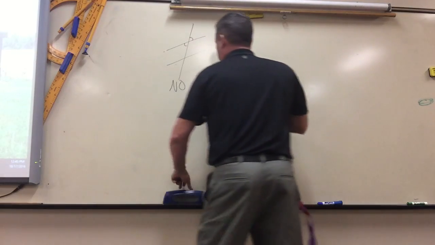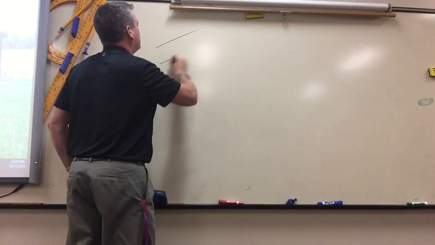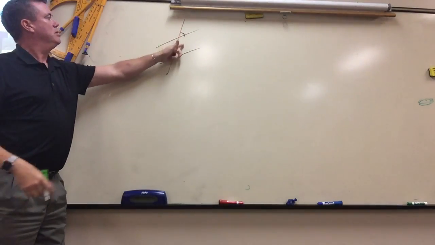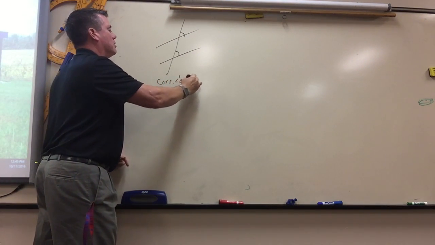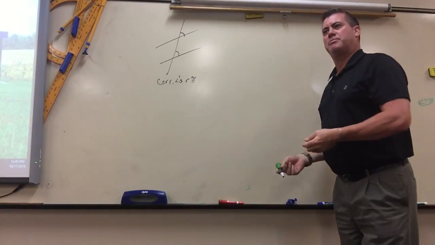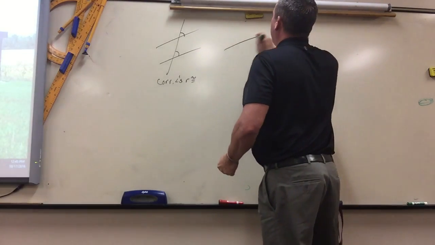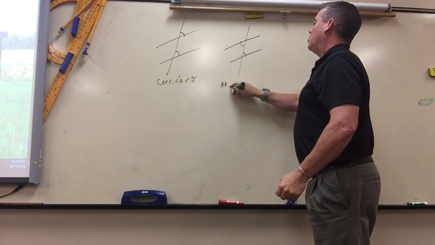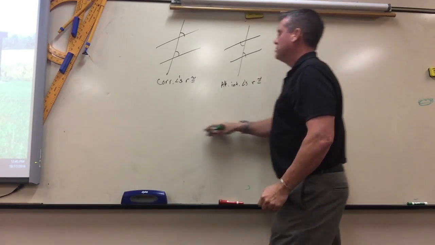So the other types that you'd see, if it's corresponding, then a set of corresponding angles will be marked congruent. So you would just say corresponding angles are congruent. And you do need to know these reasons, which the whole chapter is on, so you should know them by now. If you had this, you would say alternate interior angles are congruent.